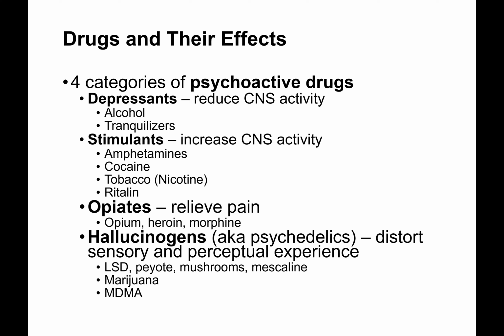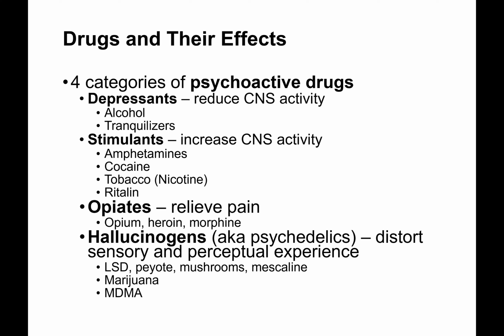So it's depressants, stimulants, opiates, and hallucinogens. Okay, opiates are also, what's the other term? Opiates and narcotics, right? And then hallucinogens, or what we call psychedelics. Okay, so those are the 4 categories.